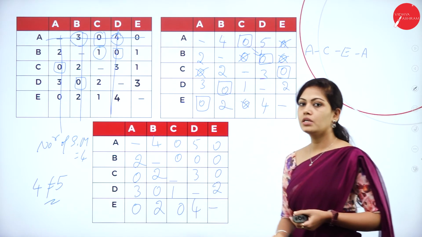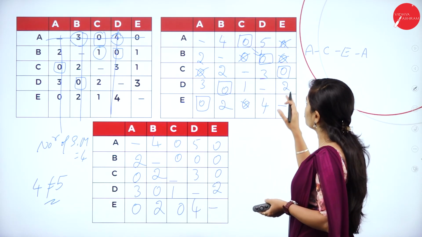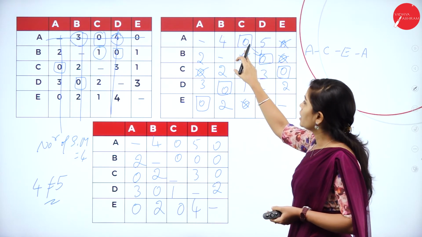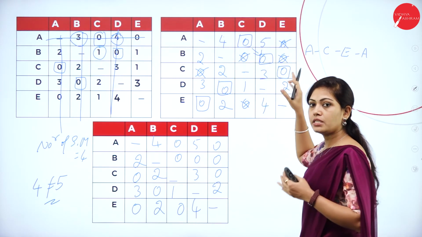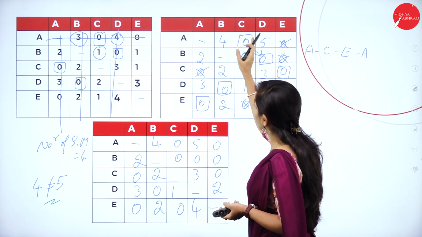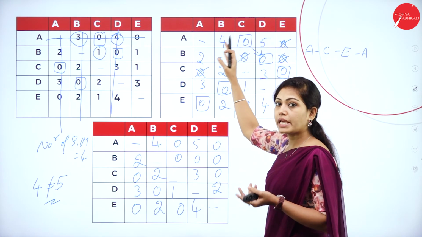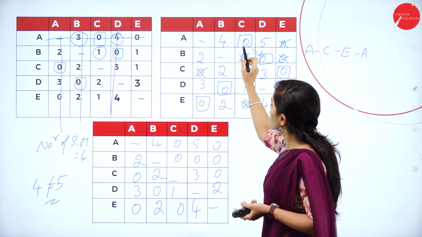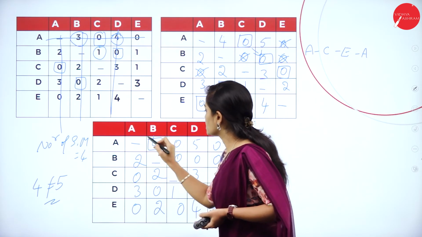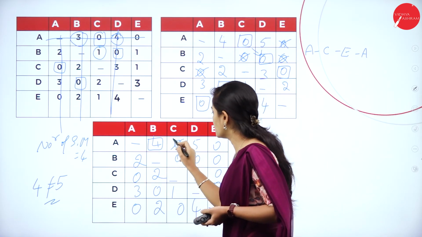So now in the previous assignment you can observe this. If you assign this zero, it is not satisfying the traveling salesman problem condition. So now I will assign the next least value. Which is the next least value? In the first row, the next least value is 4. So I will assign 4 as an assignment. So I can cancel this zero.